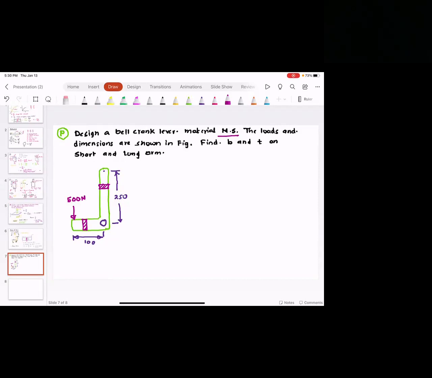Assuming factor of safety of 3 or 3.5, you can safely assume the bending stress for mild steel to be about 70 to 75 Newton per millimeter square. And as we work out more and more problems, you would get a feel for these numbers. Depending upon the material and grade of steel you choose, the design stresses could vary significantly.